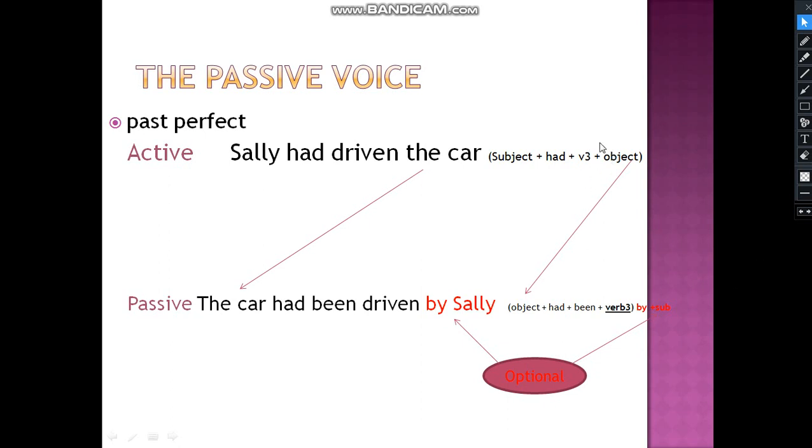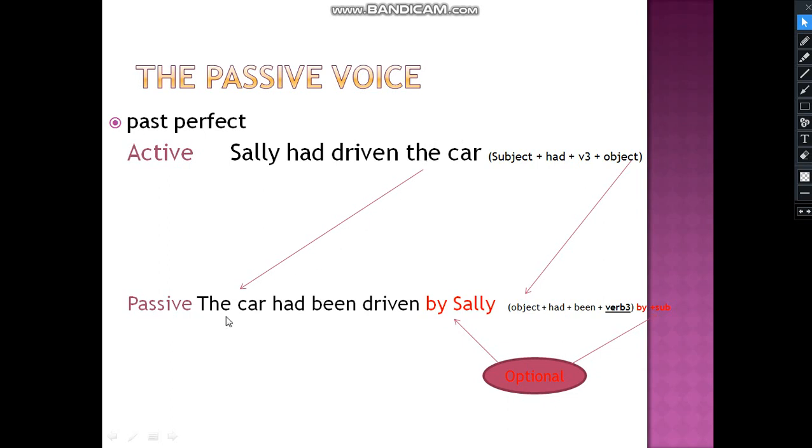All you have to do is when I bring you an active sentence, you should ask yourself, what tense is this? For example, this tense is past perfect. Step 2, you find your object. What do you do to your object? You bring your object to the front.